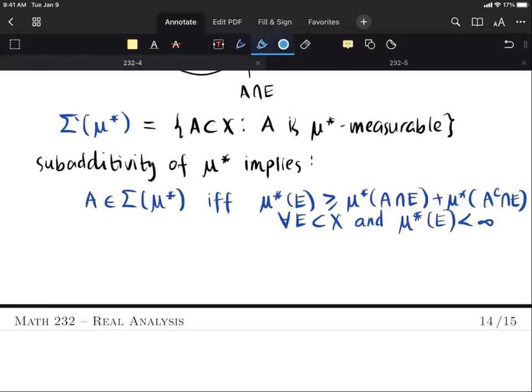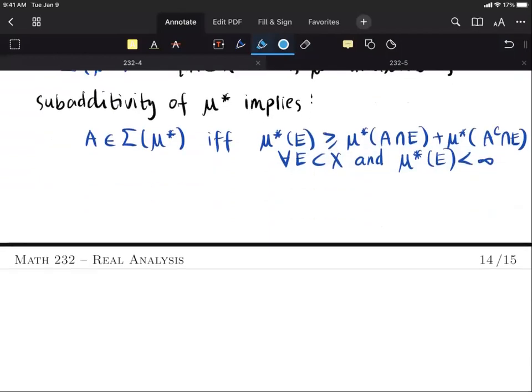We only need to prove this part here, because as I said, subadditivity gives the reverse inequality. Okay, so you might guess, due to this notation here, that if you collect all the mu star measurable sets, they form a sigma algebra on X. And that would be our next theorem.